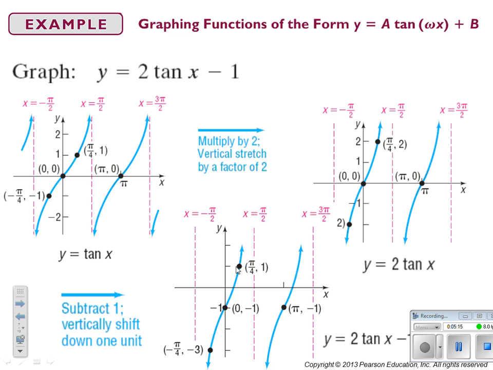It's nice and skinny in the middle. The asymptotes are still the same. So doing a vertical stretch and a move up or down doesn't change the asymptote. So go ahead and on your paper, sketch the graph of y equals 2 tan x minus 1.